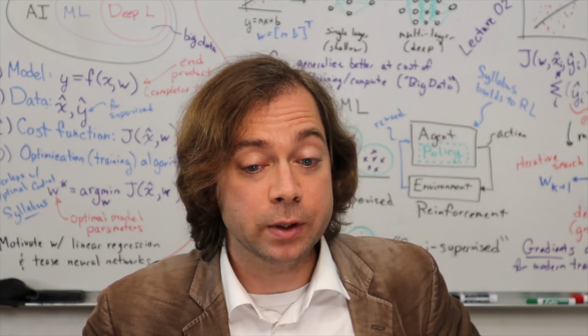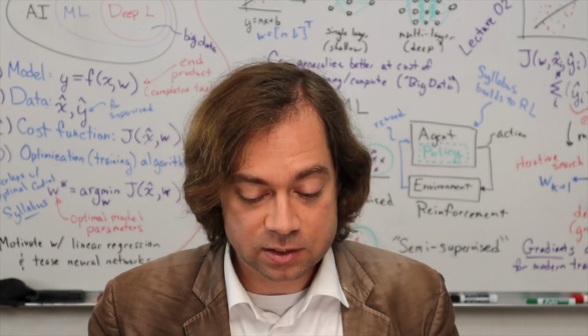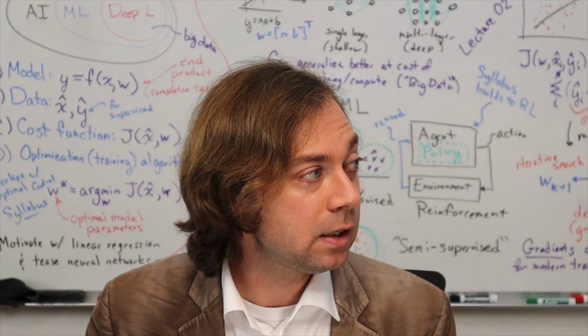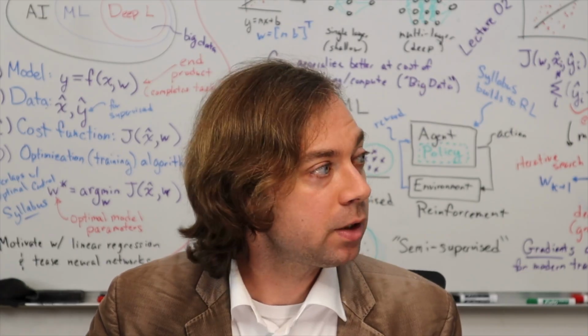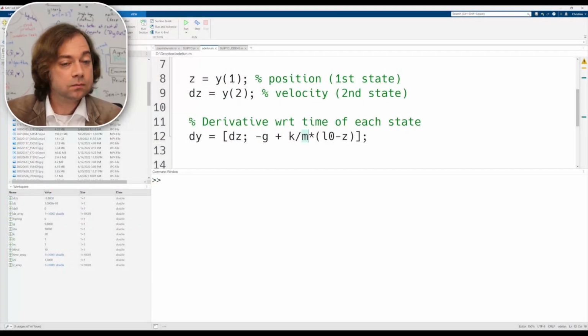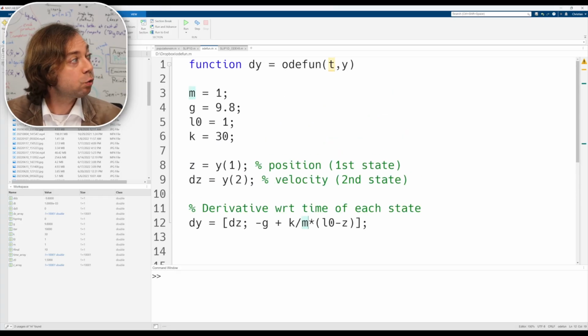But I'll just point out that the ODE event detection is very similar to how ODE45 works. Instead of a function that defines your dynamics, which is the ODE function that we defined, you create an ODE events function.